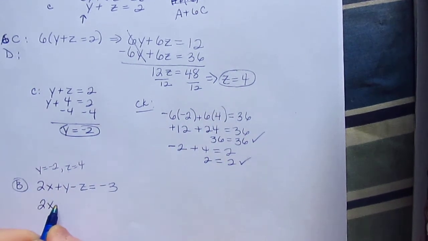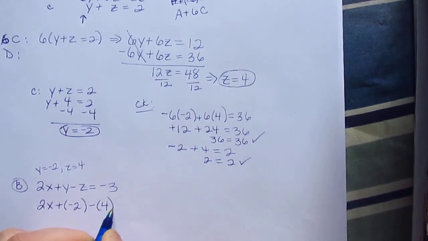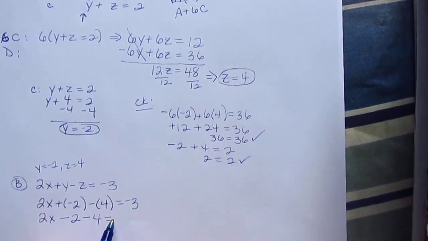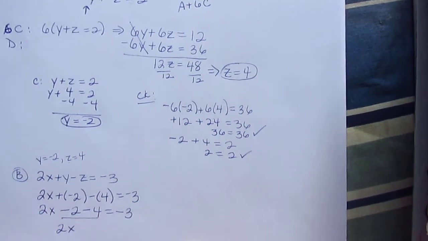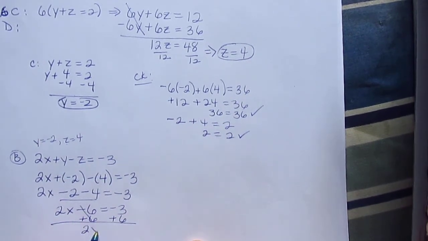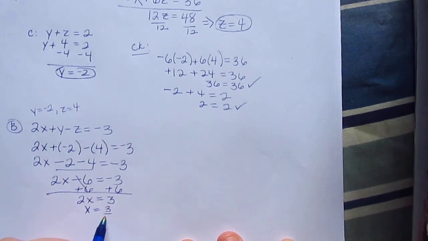And I want to solve for x. 2x minus 2 minus 4 equals -3. Put those two together. 2x minus 6 equals -3. Add 6. 2x equals 3. So x equals 3 over 2.